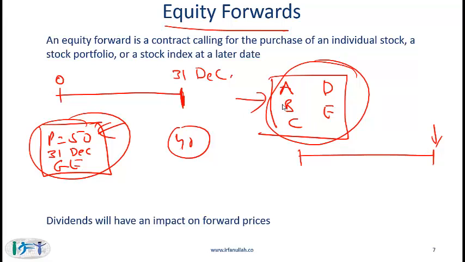Given that this portfolio is known to both parties, so we know each share, we know the number of shares and the value, the 2 parties, you and the dealer, can come up with the forward price.